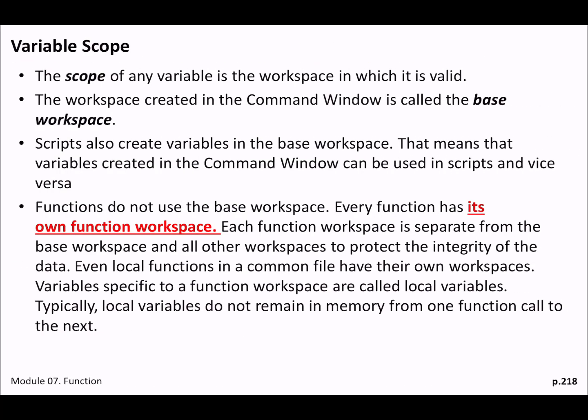Variable scope is the workspace in which the variable is valid. So script uses the base workspace. So all the values are stored in the base workspace. However, function does not use the base workspace, and every function has its own workspace.